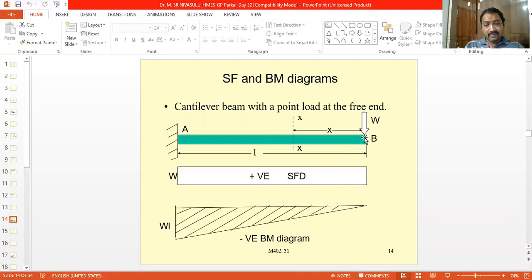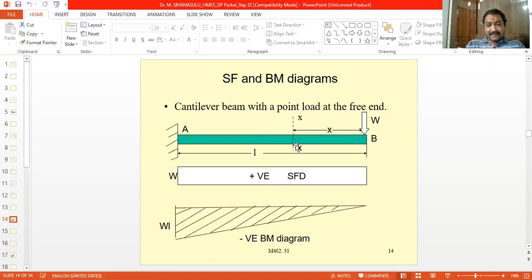So we are taking only the rightward forces acting on the section. We have to consider either the rightward forces to the section, or the leftward forces to the section. Therefore here we are taking only the rightward.